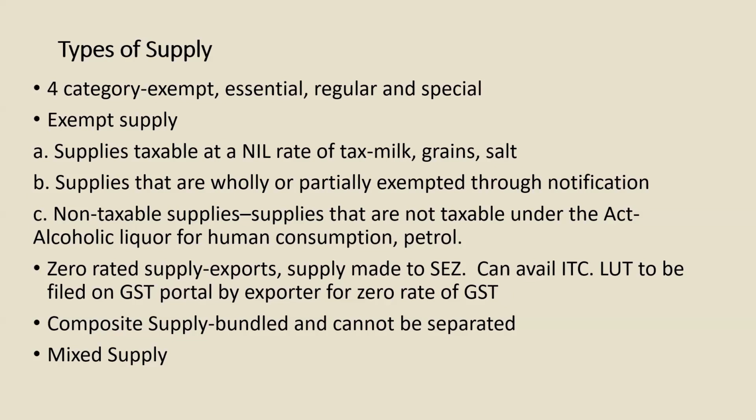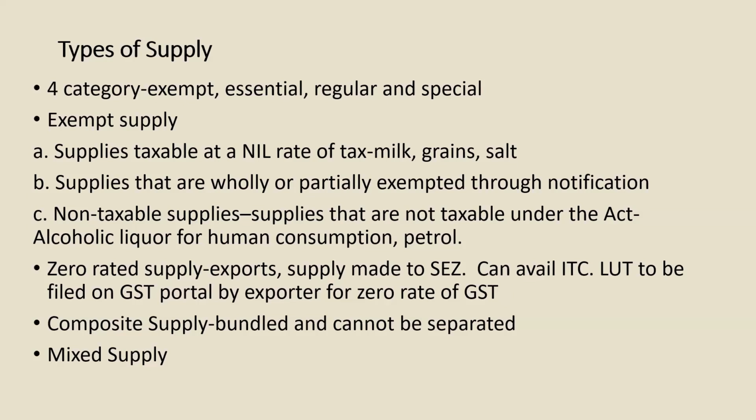Now, if you were to make a supply which is an export of services, where you can avail input tax credit, you will have to give a letter of undertaking on the portal saying that this is export of services and therefore zero rate of GST is being charged.